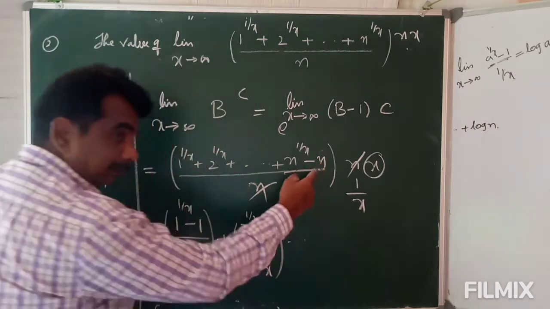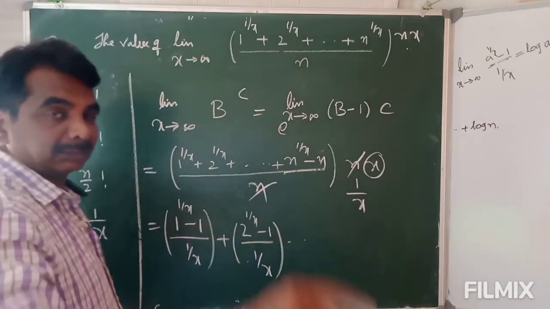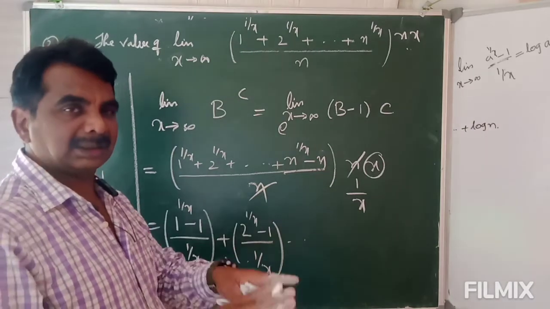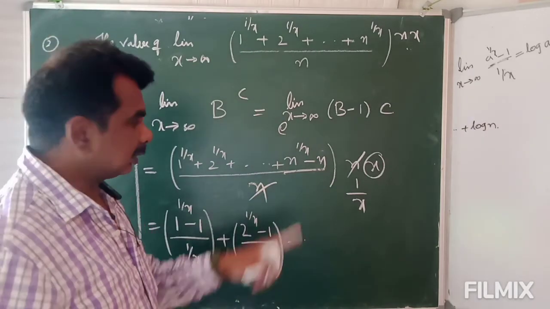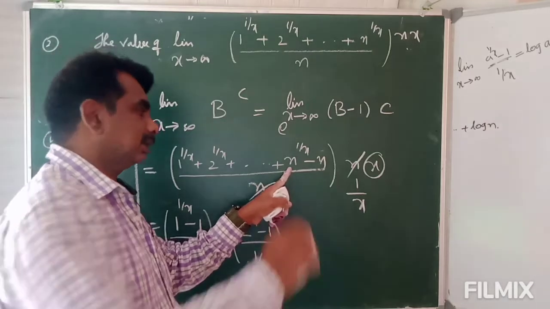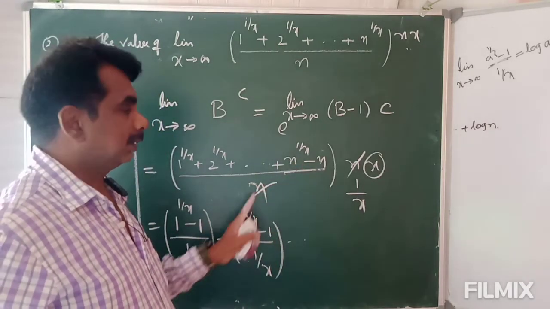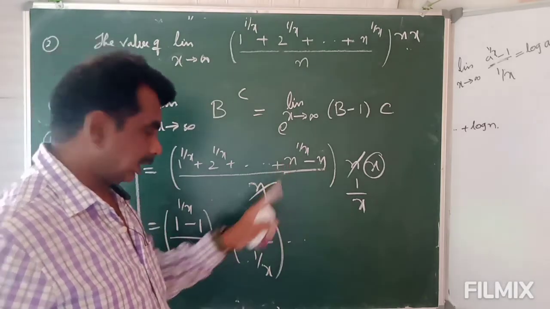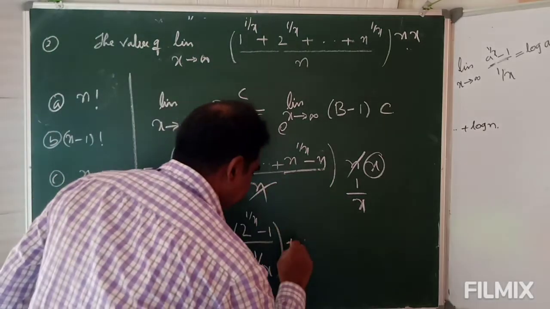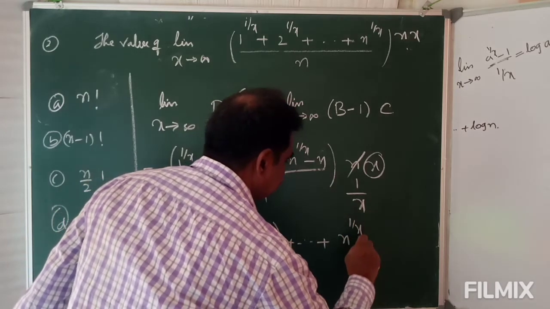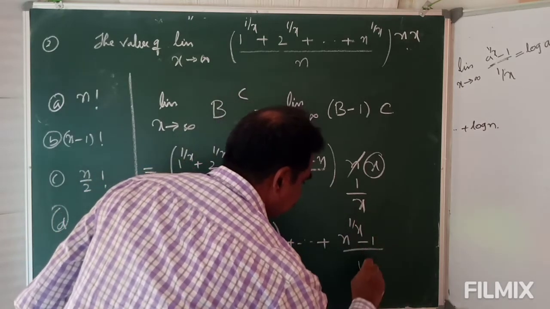Minus 1, minus 1, minus 1, how much? Minus n times. I can split it in n, because n is there; if n is not there, you cannot write minus 1 minus 1 minus 1. How many times? n times. That is why I will write, plus up to so on, plus n power 1 by x minus 1 by 1 by x.